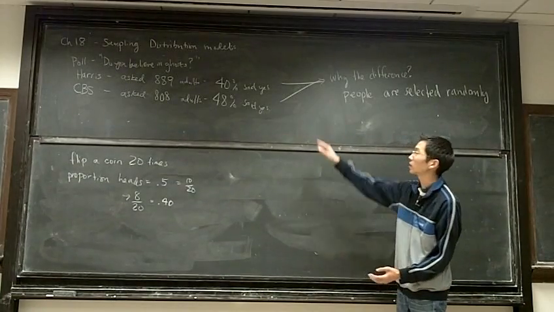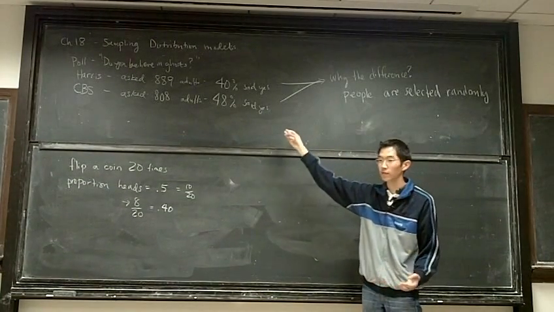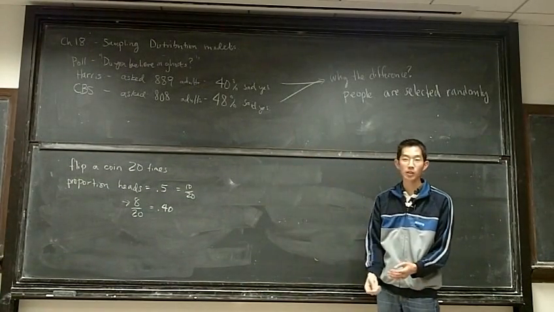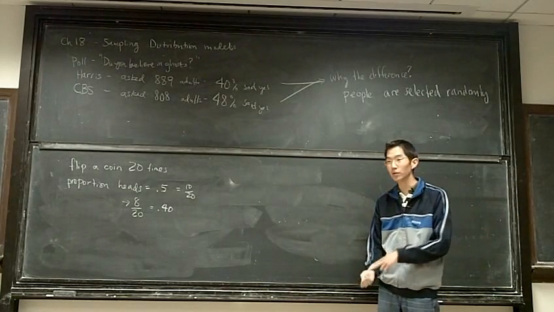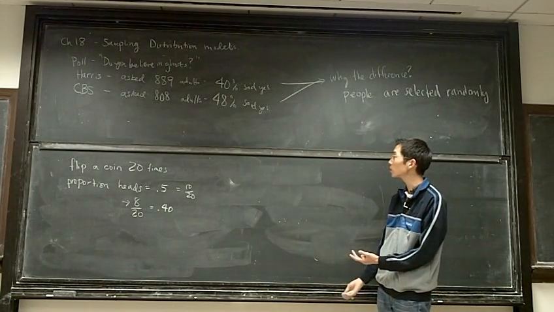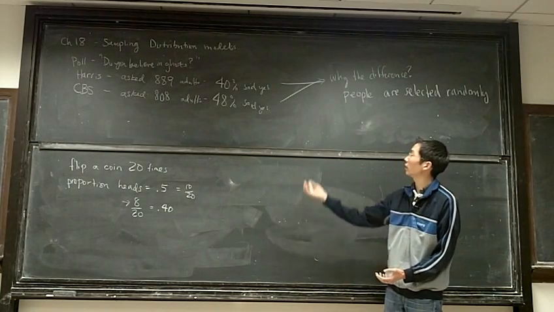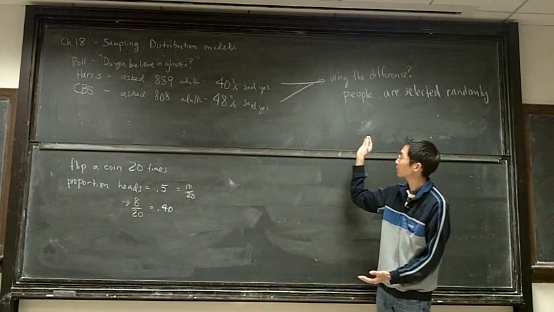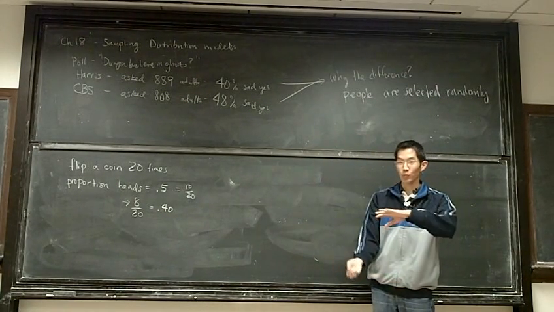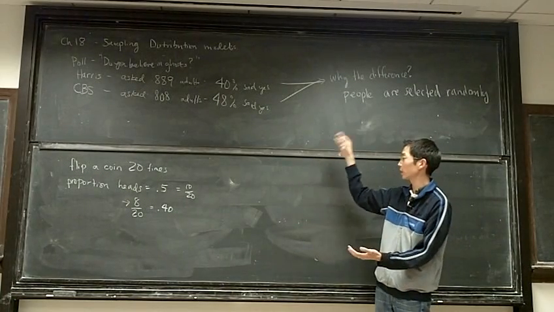And the same idea is here, except instead of flipping coins, we're asking people, and they're either going to say yes or no. Yes, I believe in ghosts. No, I don't. So instead of heads or tails, we're getting yes or no's.